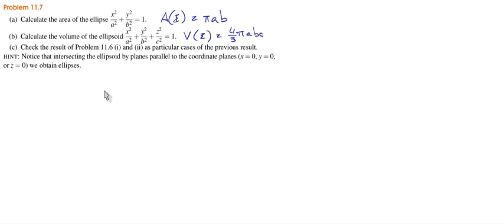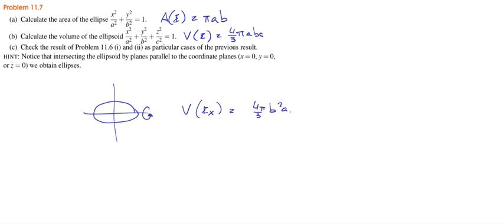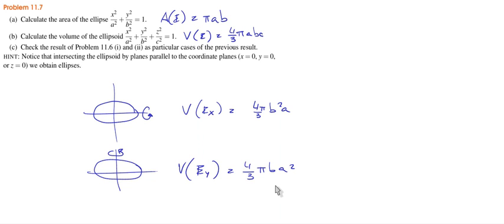So remember, 11.6.1 was you take this ellipse and rotate it around the x-axis, and the volume of this is 4/3 of pi b squared a. The other one was the same ellipse rotated around the y-axis, and this volume is 4/3 of pi b a squared.